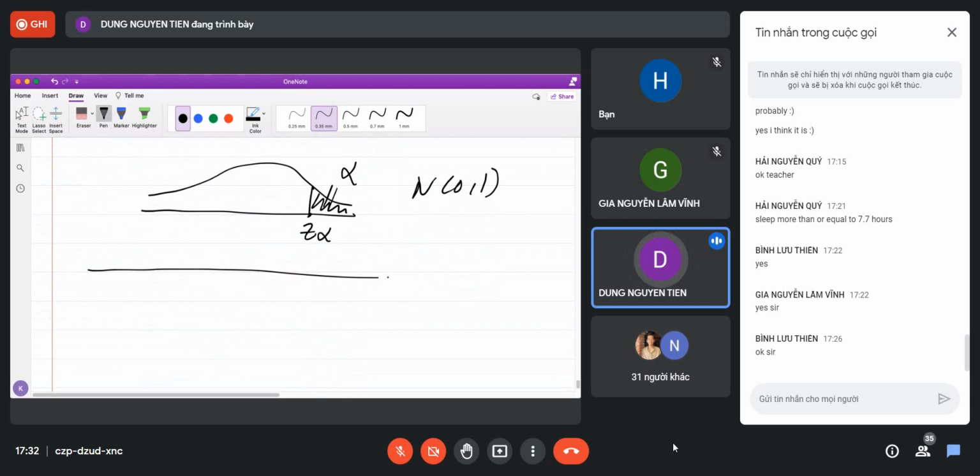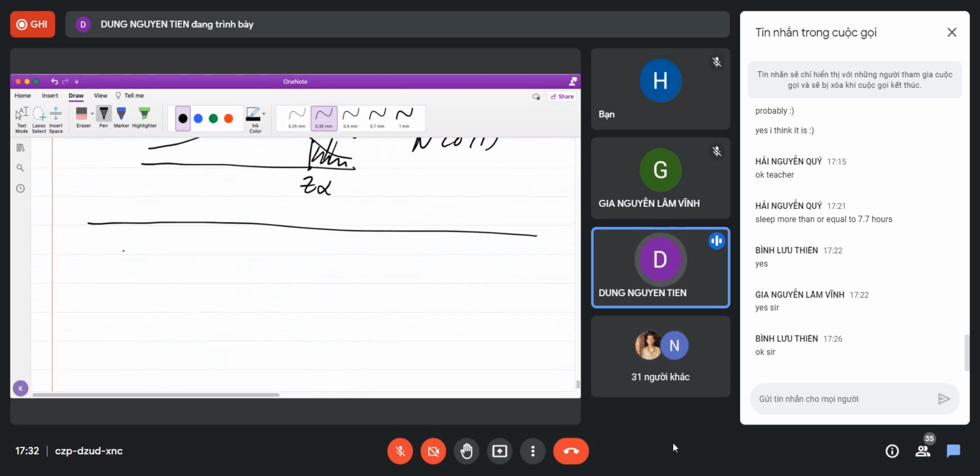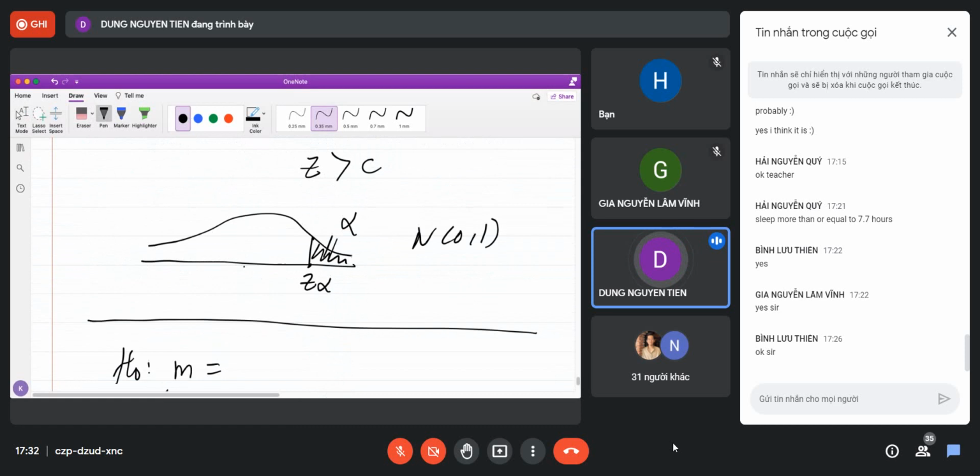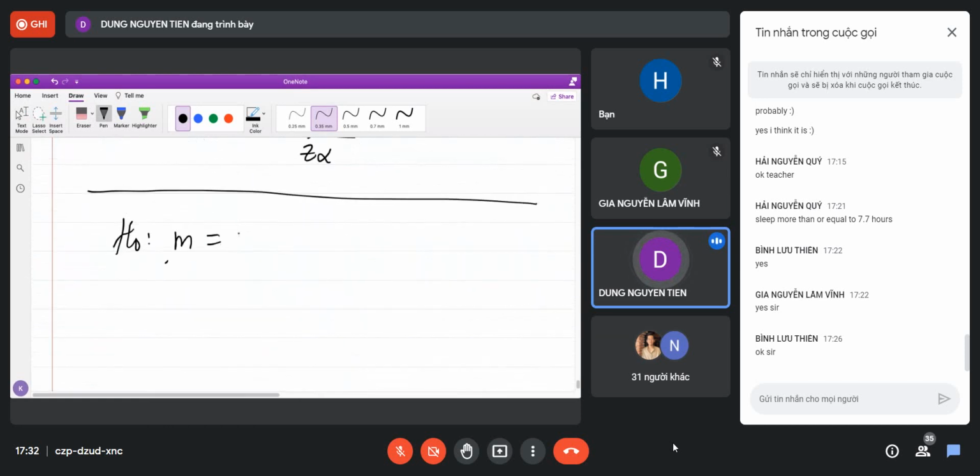Next, if I change the question a little bit, let's say H0 is that the mean equals 7.7, and H1 is that m is not 7.7. Remember that the equal sign is always with the null hypothesis.